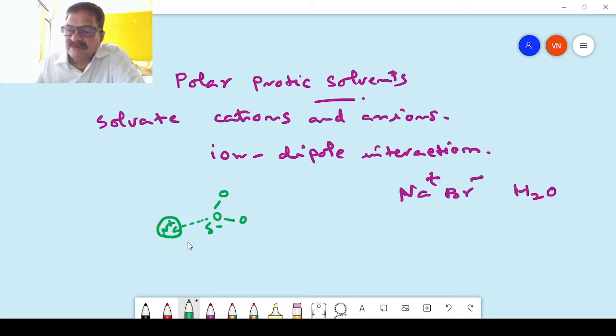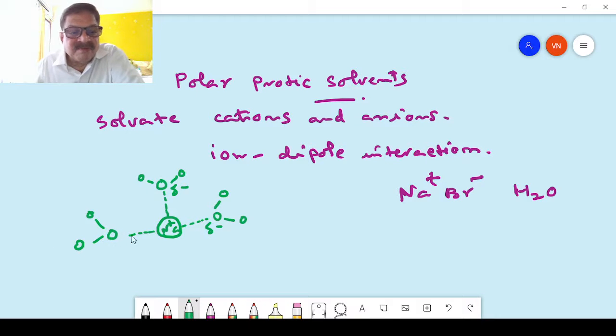So the sodium ion is solvated by ion dipole interaction. From all directions you can see this kind of interaction, with the partial negative oxygen side facing the ion. This is called ion dipole interaction.